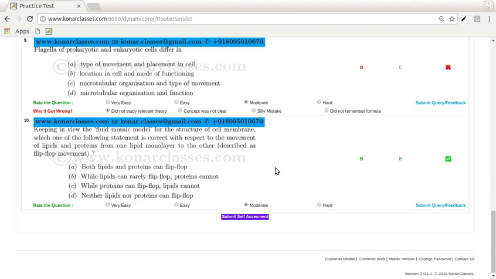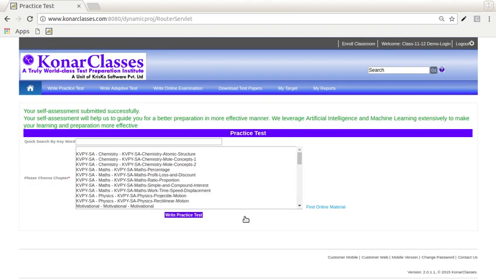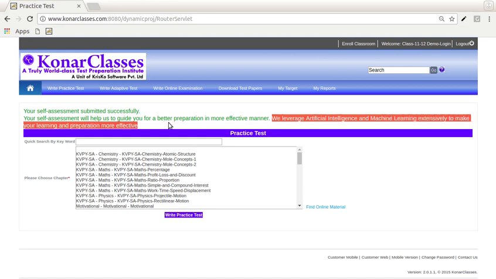Now, once the self-assessment is done, you click on submit self-assessment. After submission, what do you see? Your self-assessment submitted successfully. Your self-assessment will help us guide you for better preparation in a more effective manner. We leverage artificial intelligence and machine learning extensively to make your learning and preparation more effective.